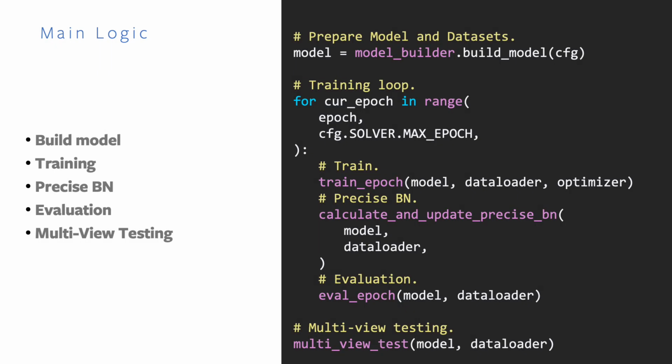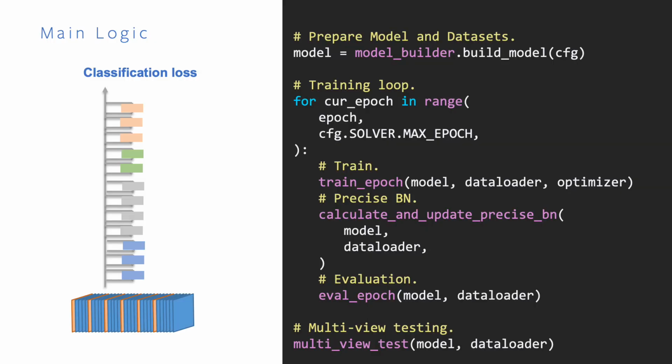Before we walk through the parts that need to be modified in order to play with self-supervised learning, I want to give you a brief overview of the main logic of the codebase. The logic of PySlowFast starts with parsing the config and building your models. Then you will have a backbone, as we can see from the left side, built by the model builder.